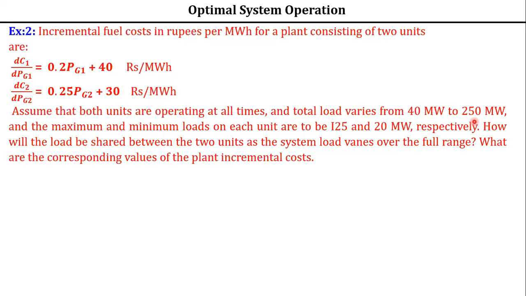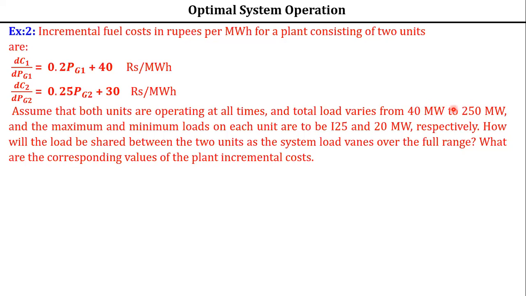So this is PD. PD is varying because you know that load is not constant. It keeps on varying, isn't it? Depending on the condition, the morning load variation will be different. Each hour, each day, it will vary. So what is the load variation? It is 40 megawatt to 250 megawatt.